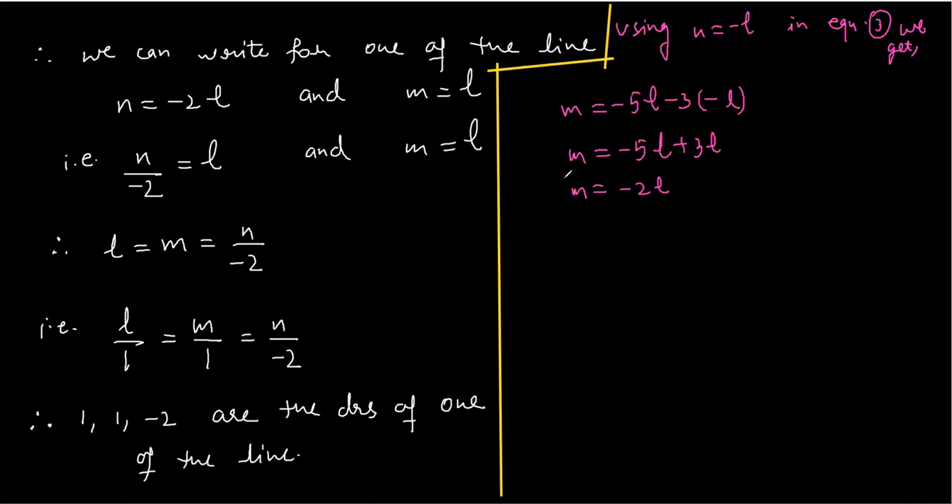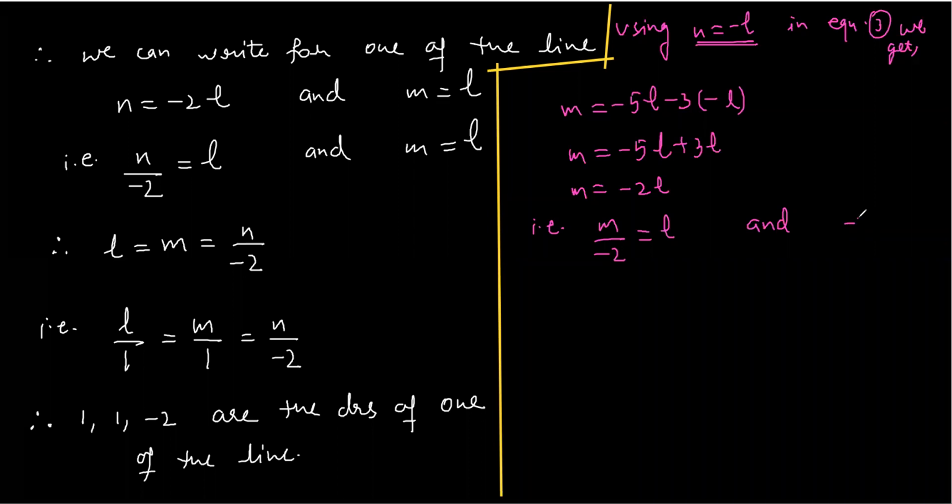Okay. So now you will combine this and this both. So next step I write, that is M upon minus 2 is L. And from here what you can write?